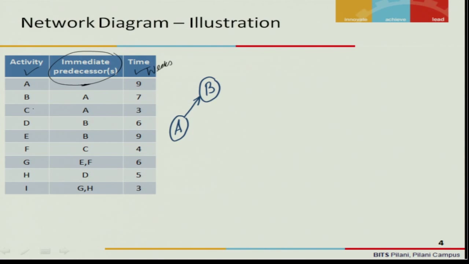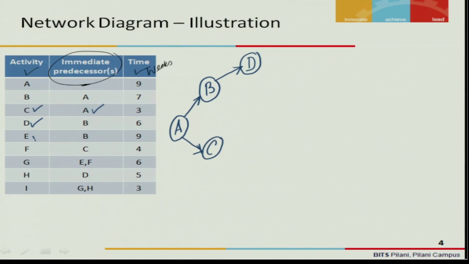Next, let us look at C. C also has its predecessor as A, which means that C comes here and I connect it with A with an arrow like this. Okay, the next activity is D, which has its predecessor as B, which means that D is in front of B. So I put D here and connect it with B with an arrow like this.